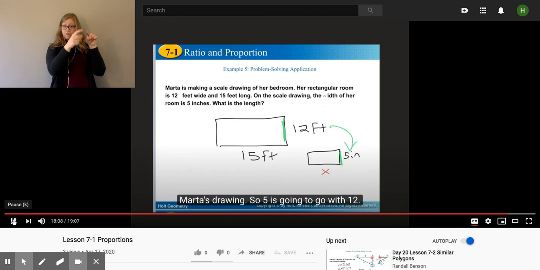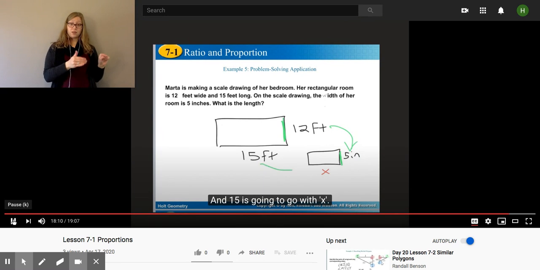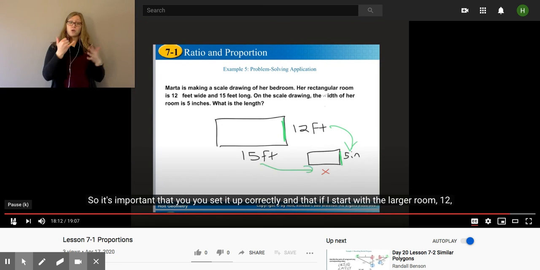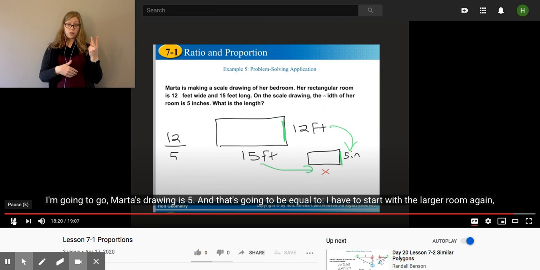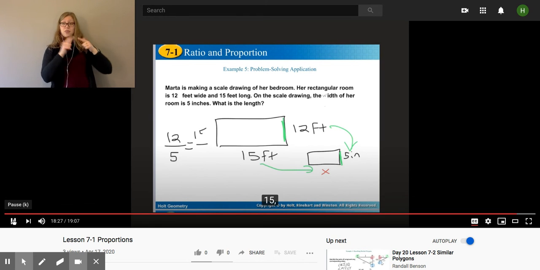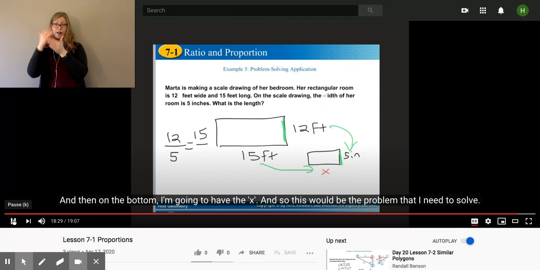So 5 is going to go with 12, and 15 is going to go with X. So it's important that you set it up correctly, and that if I start with the larger room, 12, I'm going to go, Marta's drawing is 5. And that's going to be equal to, I have to start with the larger room again, 15, and then on the bottom I'm going to have the X. And so this would be the problem that I need to solve.